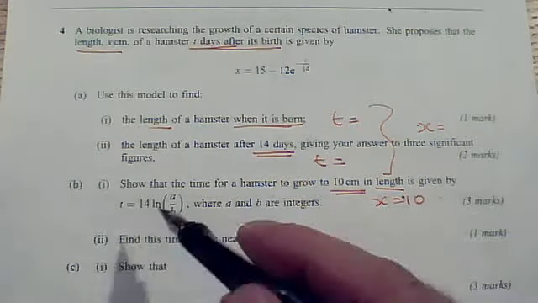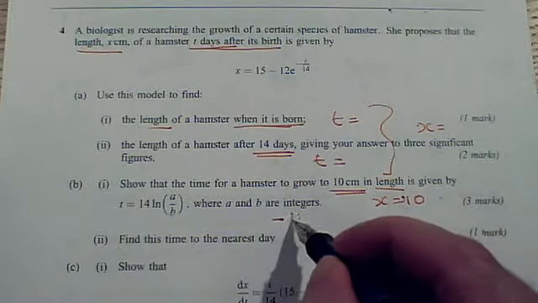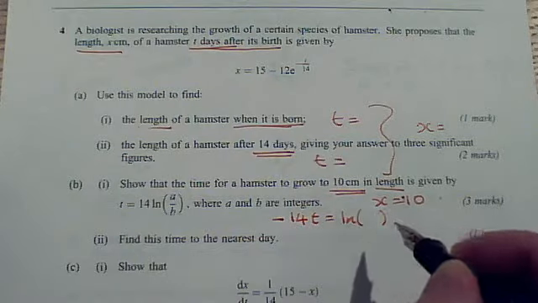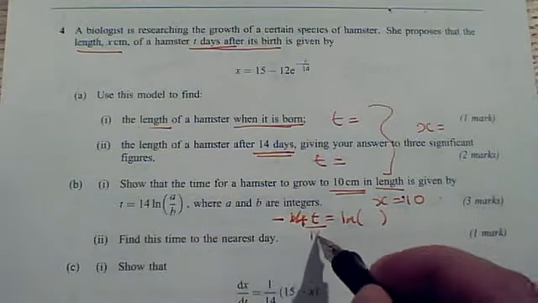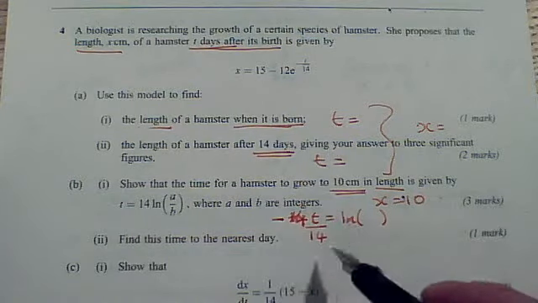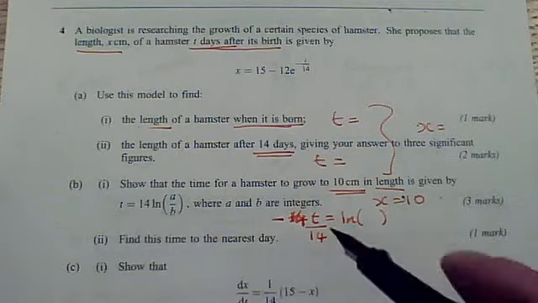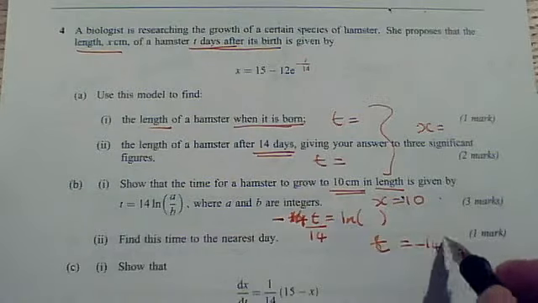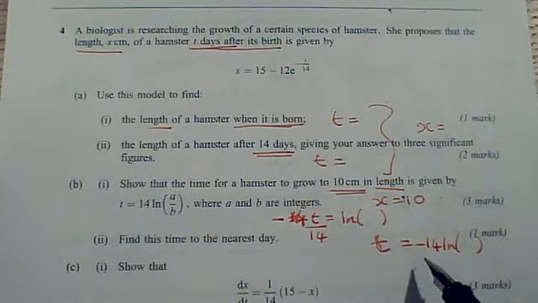None of that's hard, but you're quite likely to have, just before the end, minus t over 14 equals a log of a fraction. And then you're going to think, okay, so t will be minus 14 times that log I've got. And you'll wonder what's happened to the minus sign.